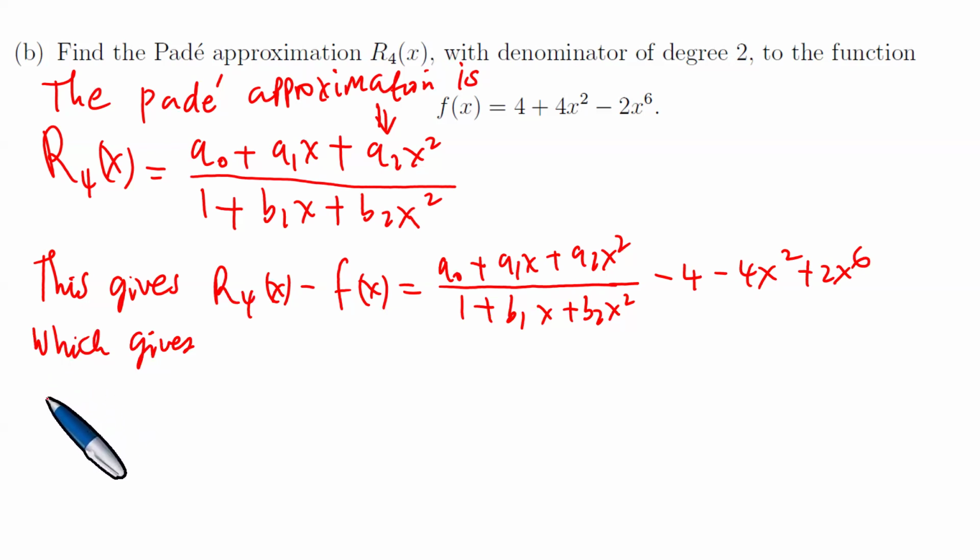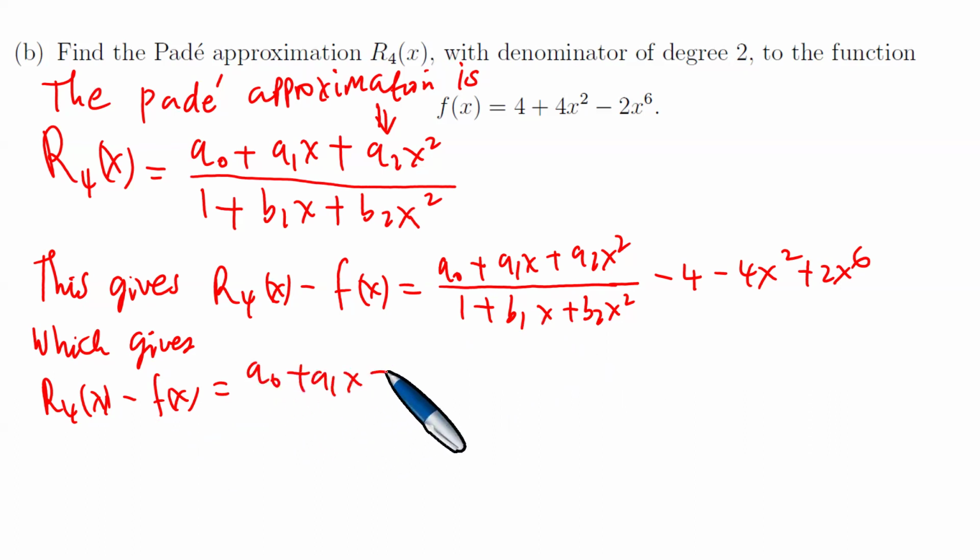Right, so you can actually be in a position to write, for example, R4 of x minus f of x equals, LCD is there, A0 plus A1x plus A2x squared.